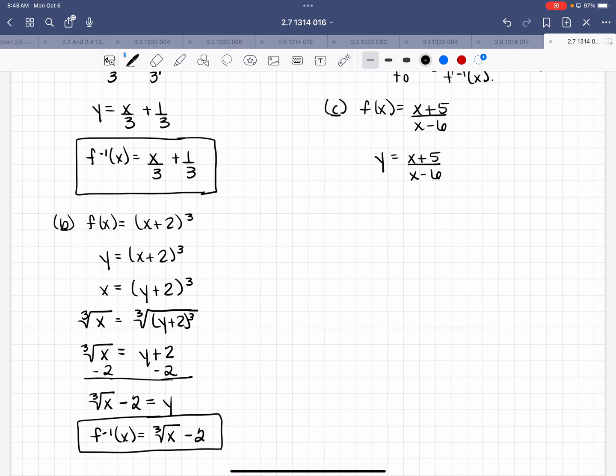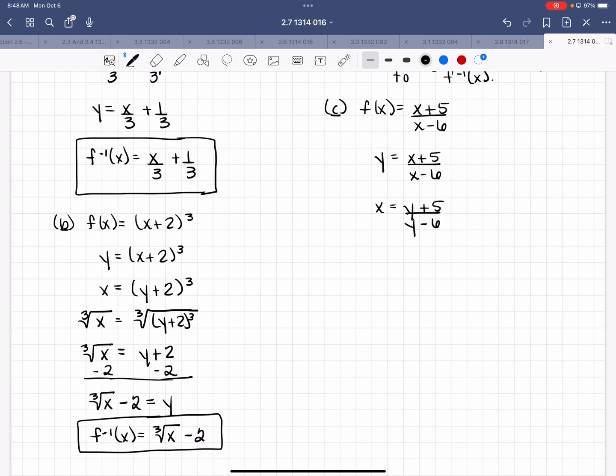Now I've got to switch my x and switch my y, right? So that's going to give me x equals y plus 5 over y minus 6. Now I've got to somehow get those y's on one side together, everybody in the top, right?